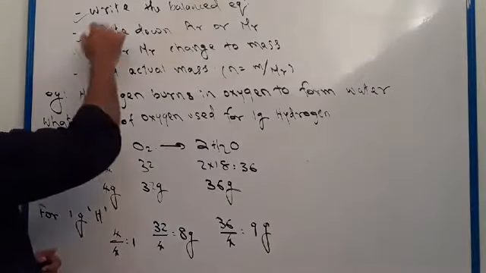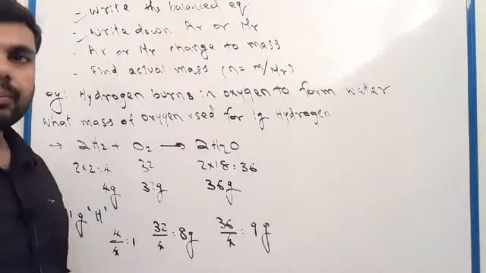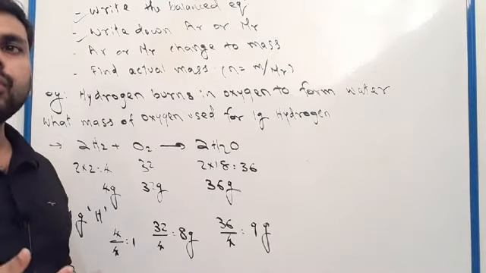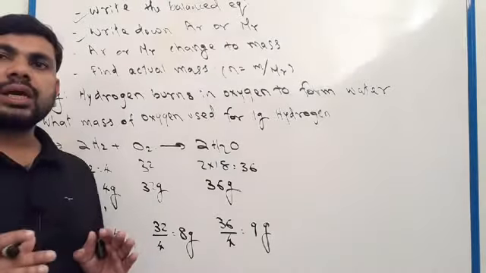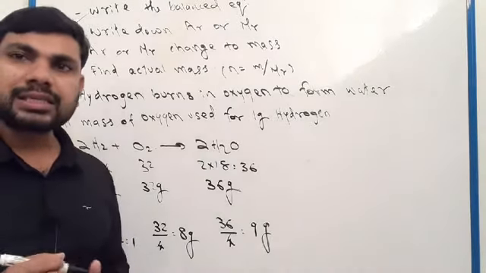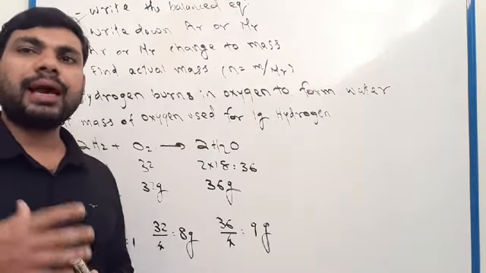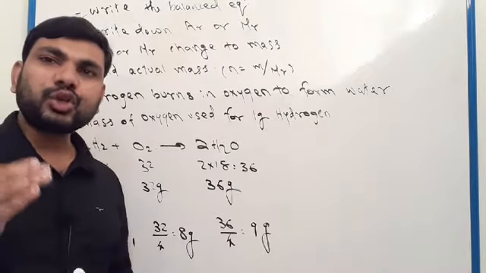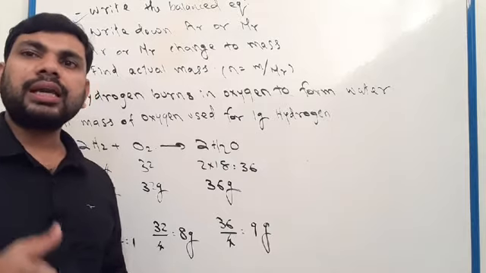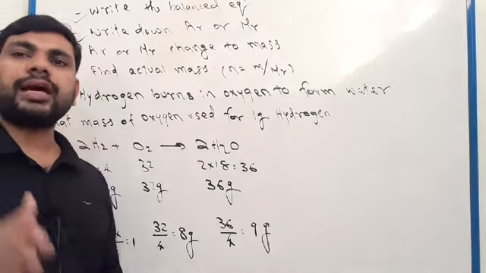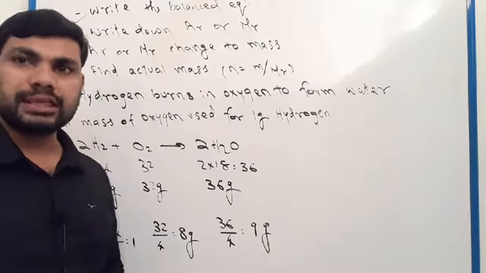Then we have to write down the relative atomic mass or relative molecular mass, depending on the chemical equation. First we write the balanced chemical equation, then the relative atomic mass or relative molecular mass of the reactants and products, depending on the situation.